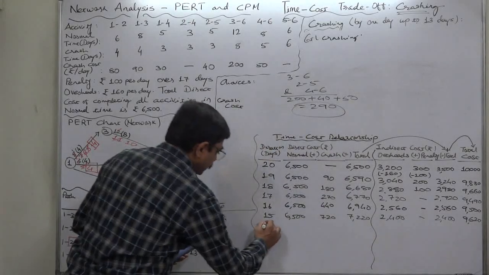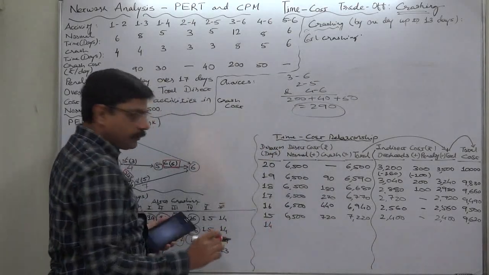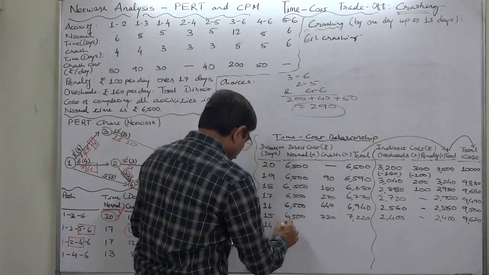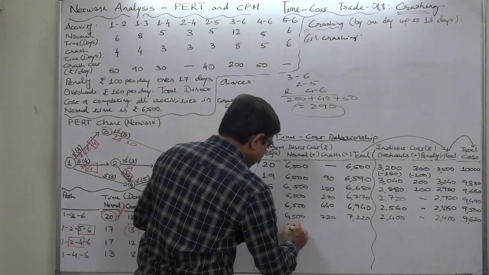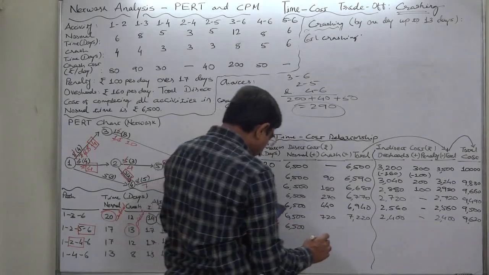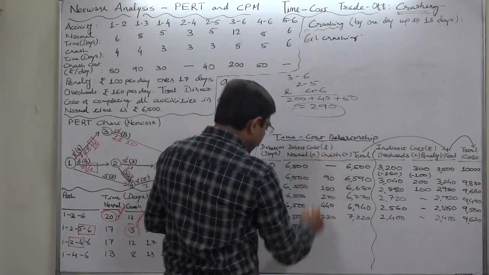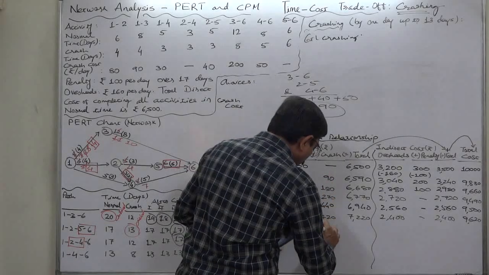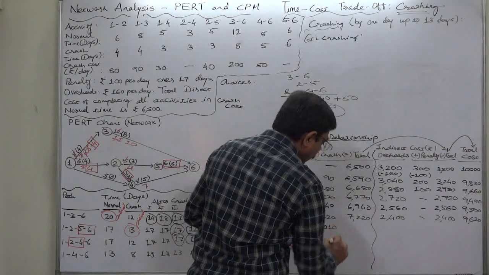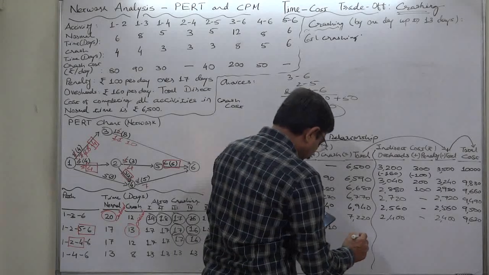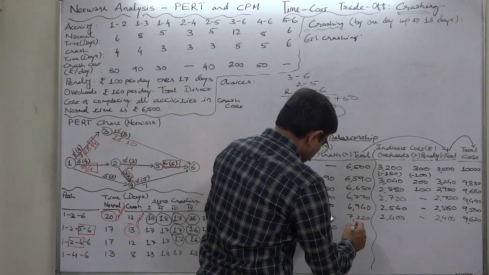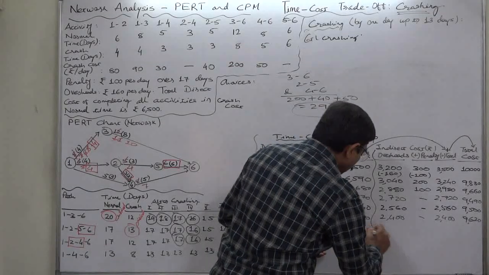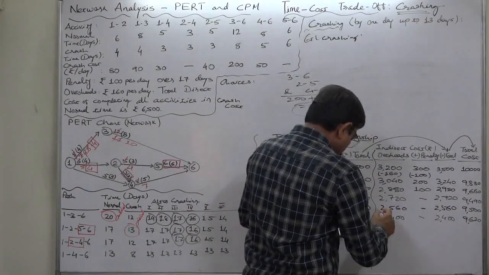After 6th crashing, we have arrived at duration of 14 days, the critical period, 3 critical paths, 6,500 normal direct cost plus 720 plus 290. So now 1,010 will be the total crash cost. 7,510 will be the total direct cost.